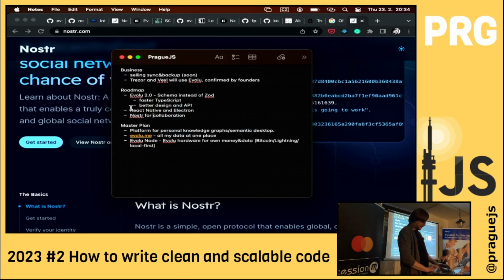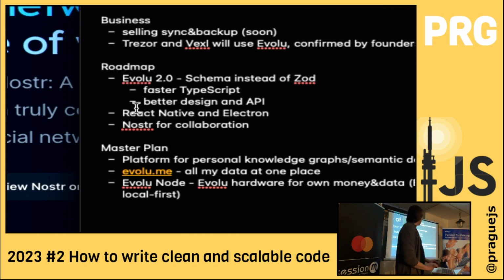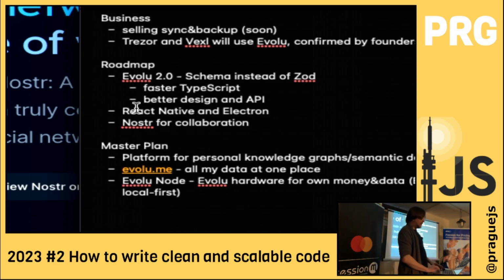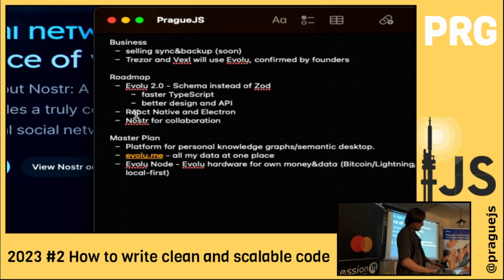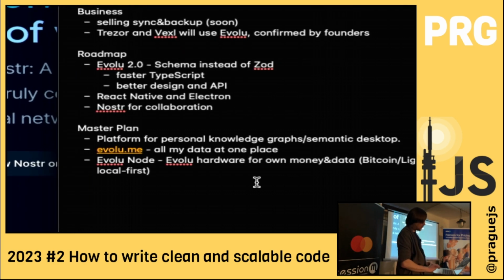So the roadmap: use account management from Nostr and share some functionality. Social networks are one thing; Evolu is for applications, so things are similar, but the master plan is a platform for personal knowledge graphs, a semantic desktop.